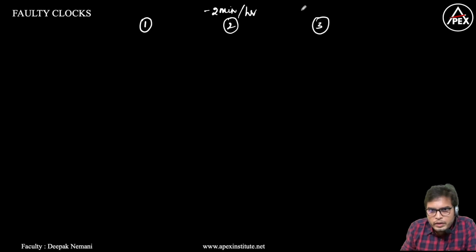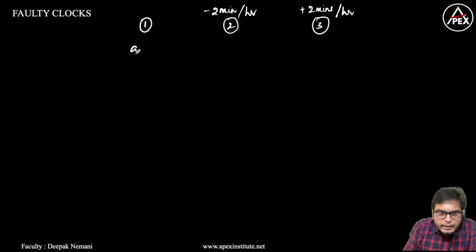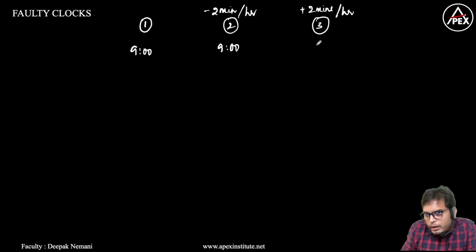Whereas clock 3 gains 2 minutes every hour. Now if some clock is gaining time, that means it's running fast. Right? Now all these 3 clocks are set correctly at 9 a.m. someday. So exactly at 9 a.m. they are showing the correct time.